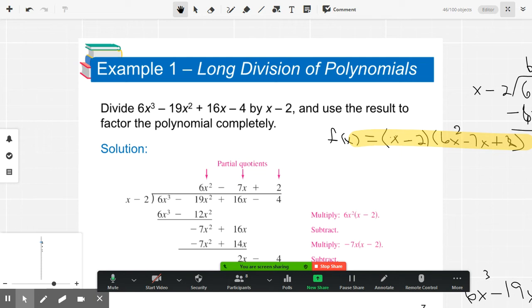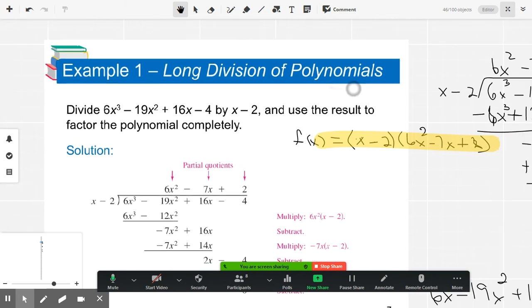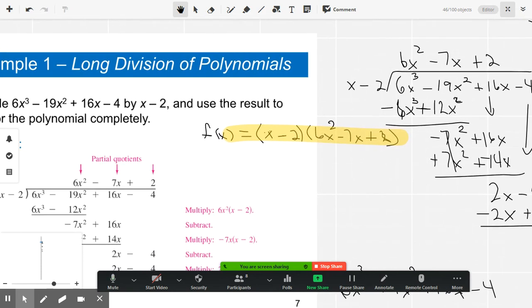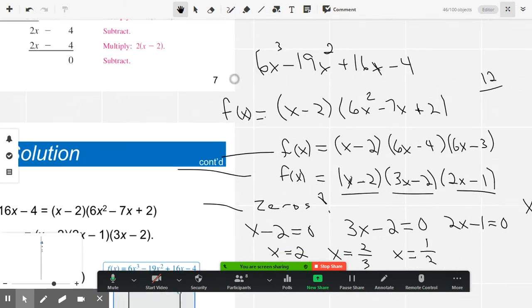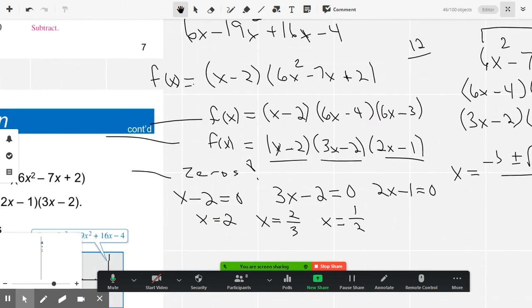So what we want to do is completely factor the rest of this. First thing we did was divide x minus 2 into that. We used long division. You could have also used synthetic division, right? And then we found that it factors as x minus 2 times 6x squared minus 7x plus 8, or plus 2, my writing's bad there. And then we just factored the trinomial to get it completely factored, which you could have also used the quadratic formula, and it completely factored to this right here. So there's going to be a problem on the assignment that's exactly like that. All right.